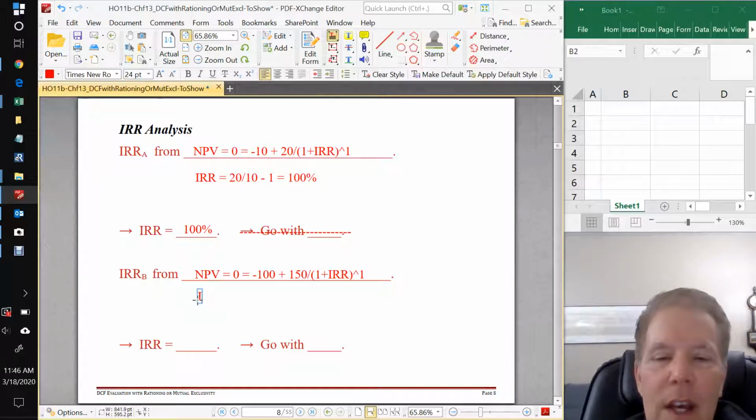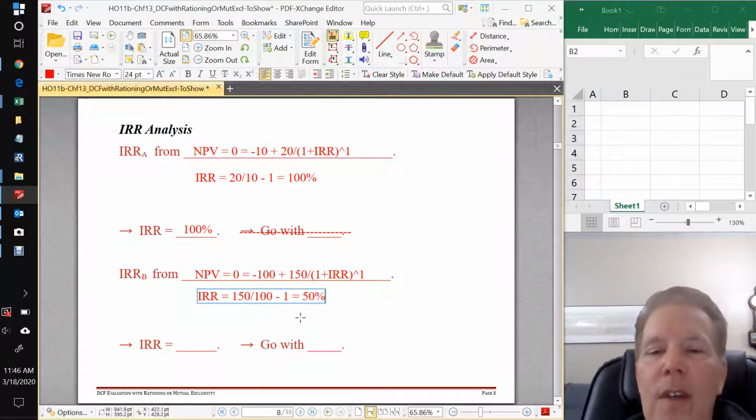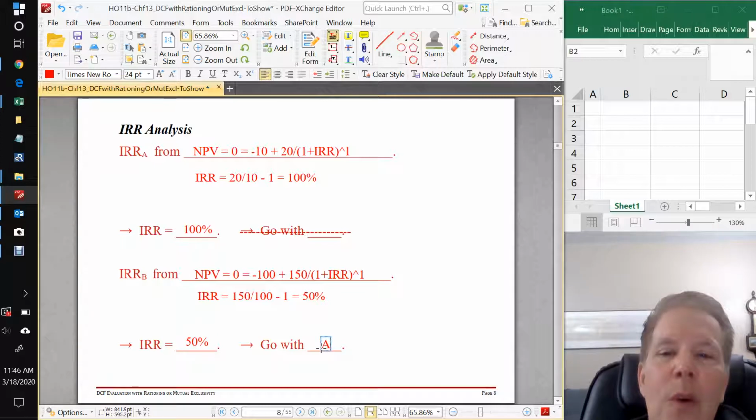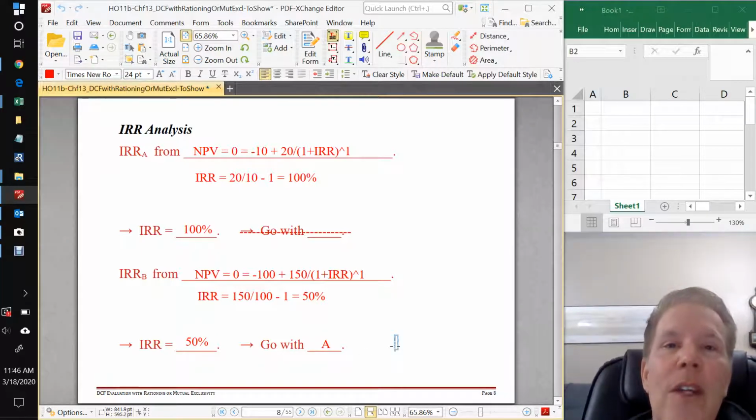So we can solve that for IRR is equal to 150 over 100 minus 1, and that's equal to 50%. Okay, so we put in our 50% down here for B, so doing our IRR analysis here, we clearly want to go with A.